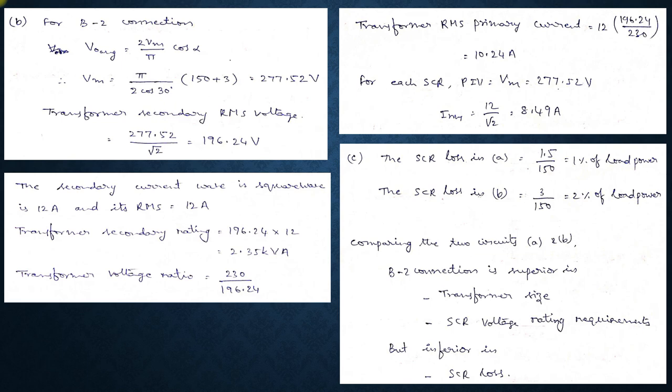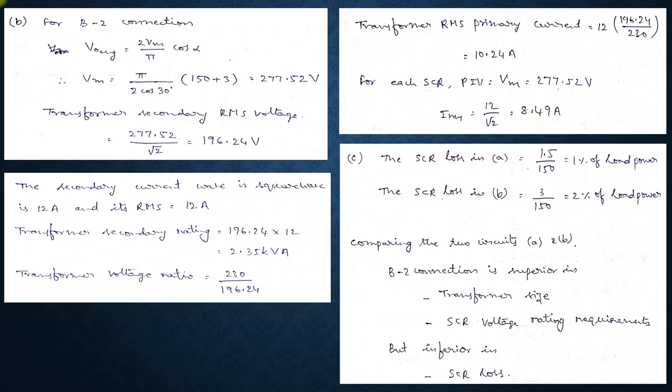Comparing the two circuits A and B, the B2 connection is superior in transformer size, because in the M2 connection the transformer size is more, while in the B2 connection it is less. With a smaller transformer, cost will be reduced, weight will be reduced, and space may be reduced. Everything will be reduced.